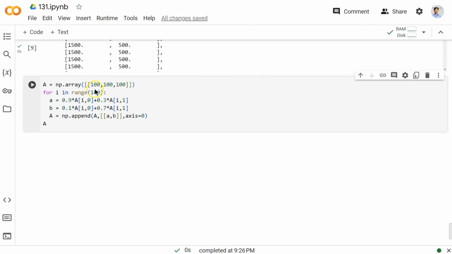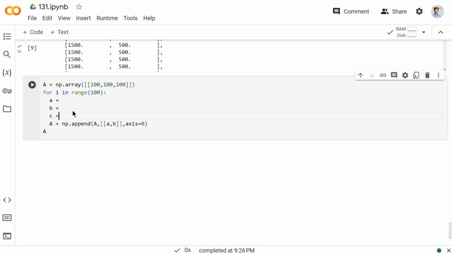So I'm going to have column 0 be the children, column 1 be the adult, and then column 2 be the senior citizen. I'm going to have my A, my B, and then my C. So this is going to be the number of children, adult, and senior in the next year, and then that's going to put that next to my old matrix A.